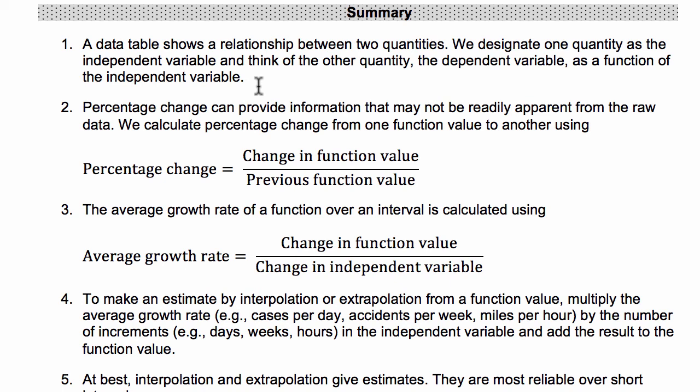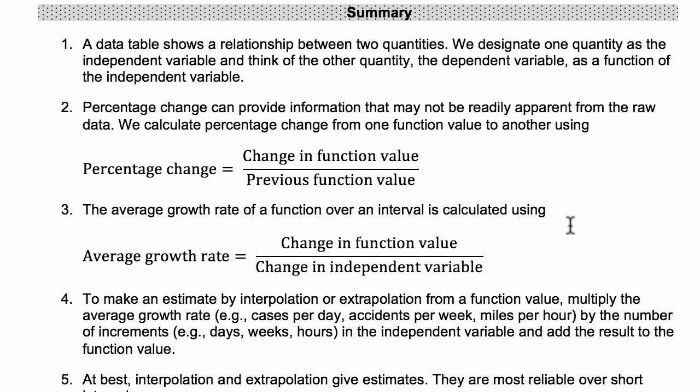Percentage change can provide information that may not be readily apparent from the raw data. We calculate percentage change from one function value to another using this formula. Percentage change equals change in function value divided by previous function value.